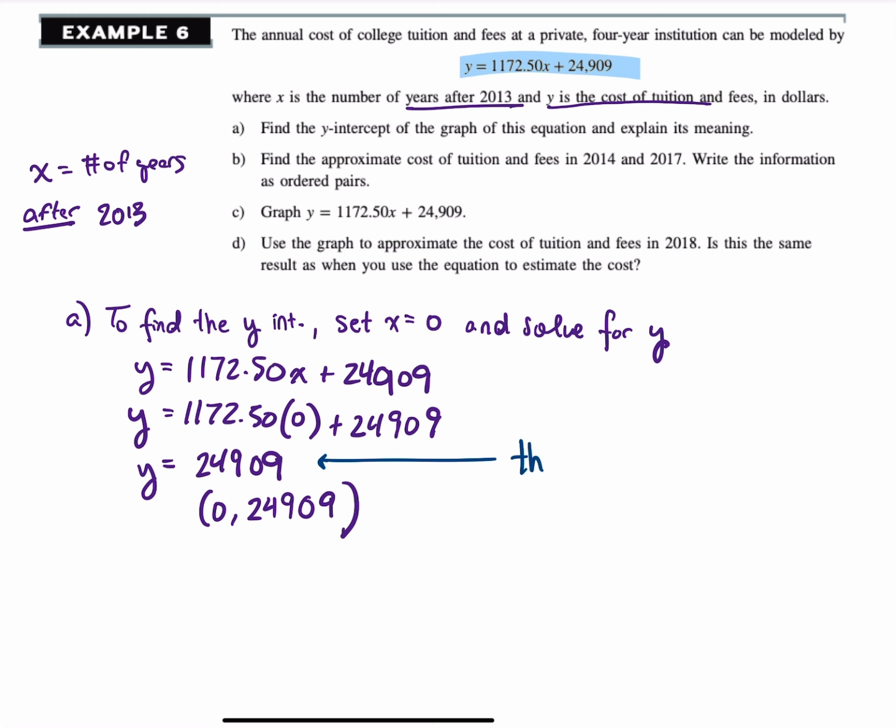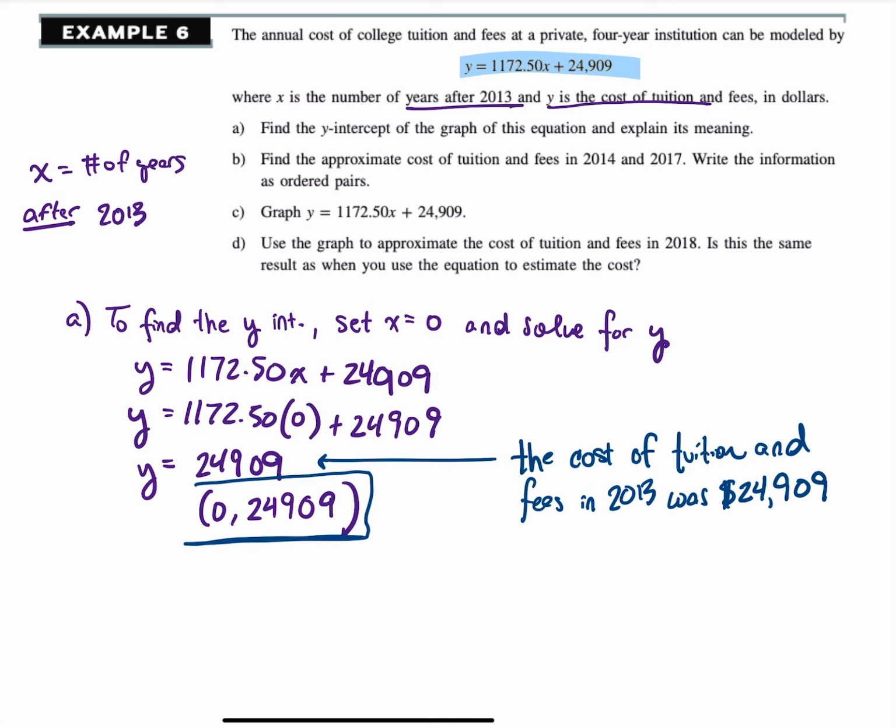So I can interpret this as the cost of college, the cost of tuition and fees in 2013 was 24,909. Cost a lot of money. But yeah, 0 years after 2013, meaning in the year 2013, this was our cost.